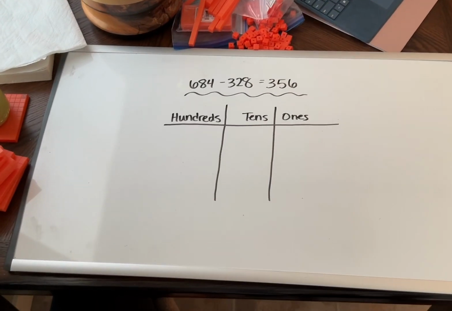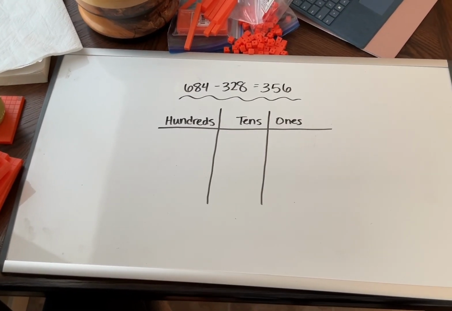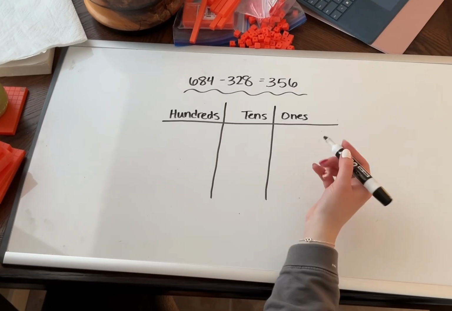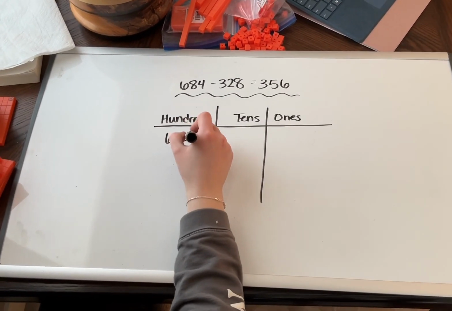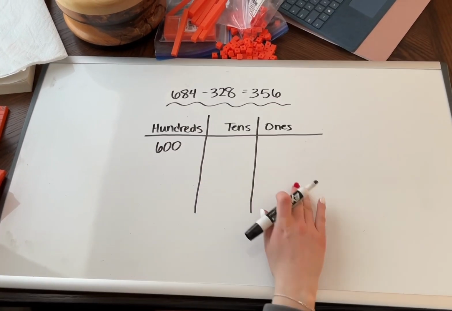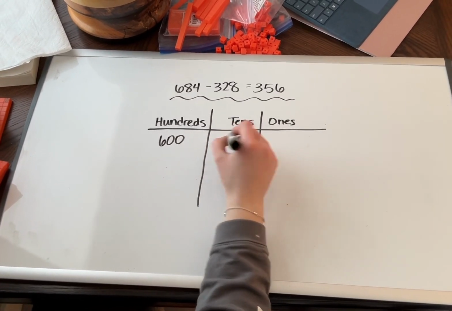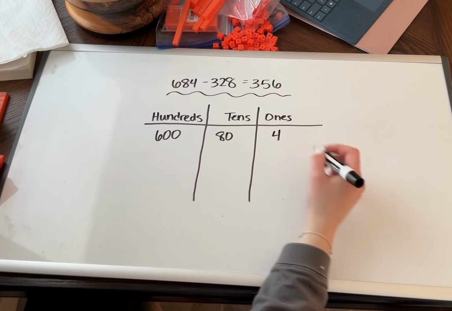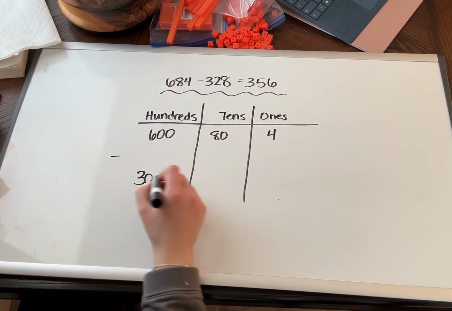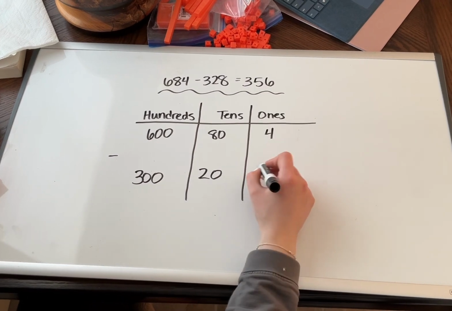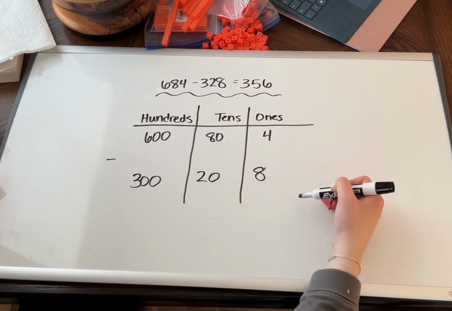Now I'm going to explain it symbolically using numbers. I'm going to be doing it the exact same way I just did, but now I have my 600, and I'm going to break it up into hundreds, tens, and ones. So 600, 80, and 4, minus 300, 20, and 8. Once again, I'm going to start over here.